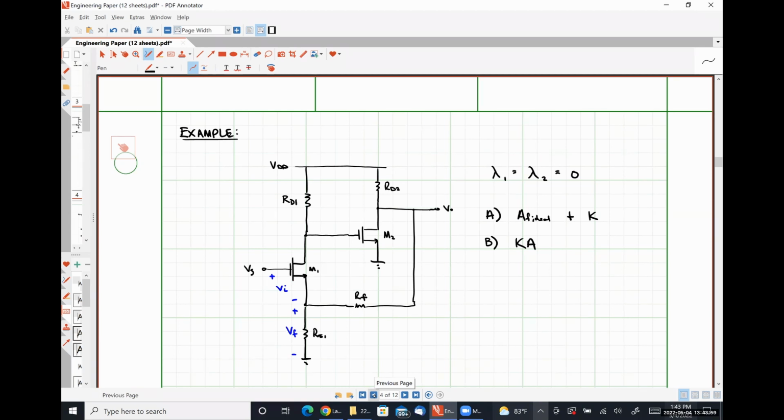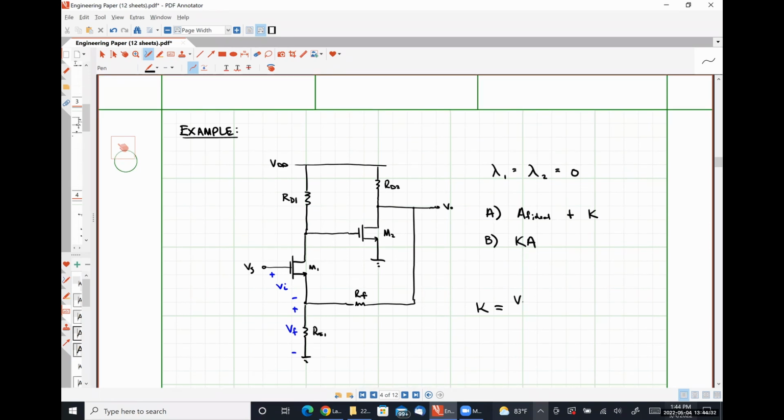Okay. So if we want to determine AF ideal and all that kind of good stuff, we need to figure out what K is. Recall here that K should simply be the ratio of Vout over VF.